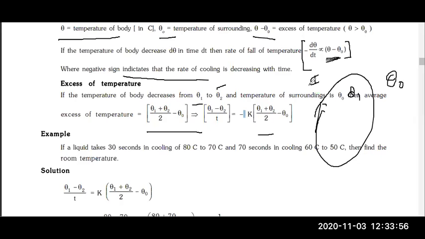Whenever we solve any problem, we assume that the temperature of the surrounding will not decrease. It will be constant. Now suppose after some time t2, the temperature of the body becomes theta 2. The outside will be theta naught only. Yes or no?